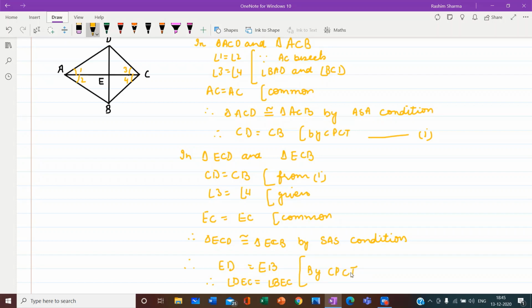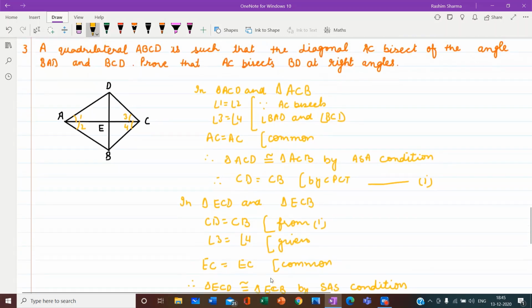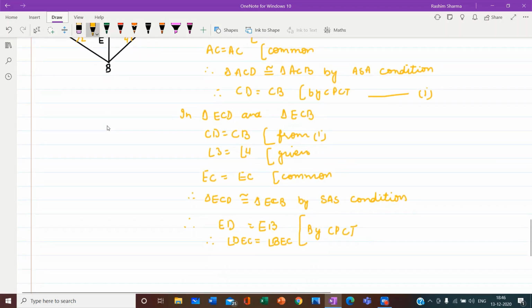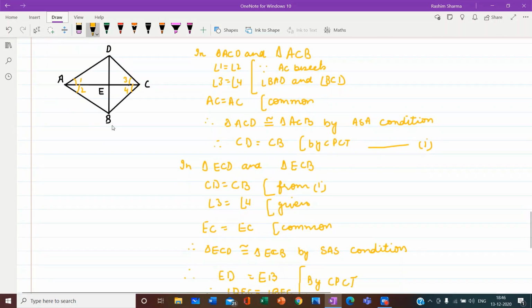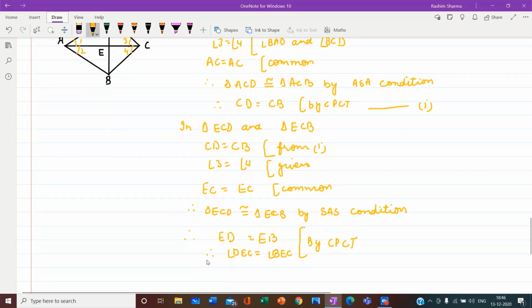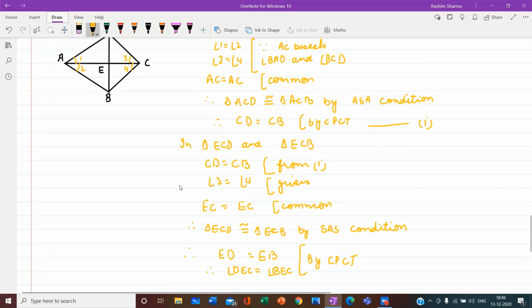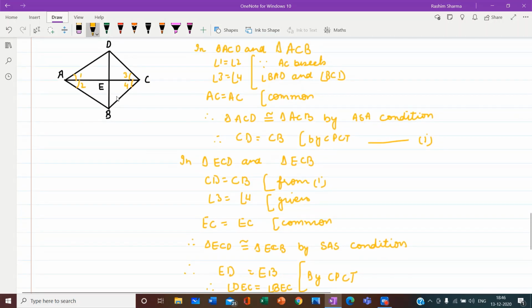Alright. So when we say ED is equal to EB, it means our line BD is bisected at point E. Alright, but we have to prove that this line is bisected as well as at right angle. For that we will use these angles here, because now we can see angle DEC and angle BEC, they are equal, but these are in linear pair here.